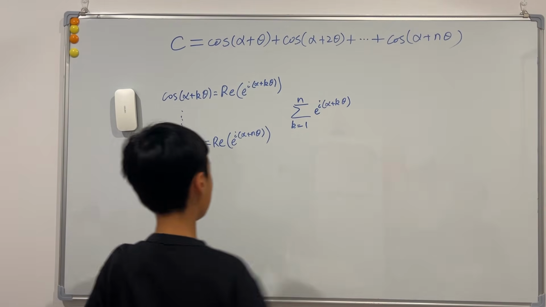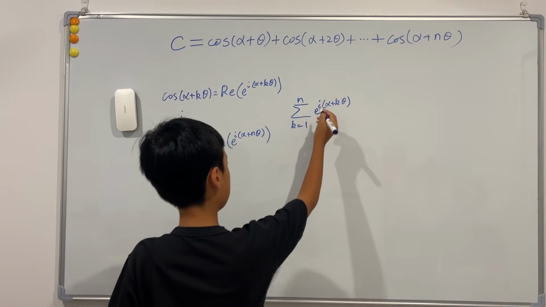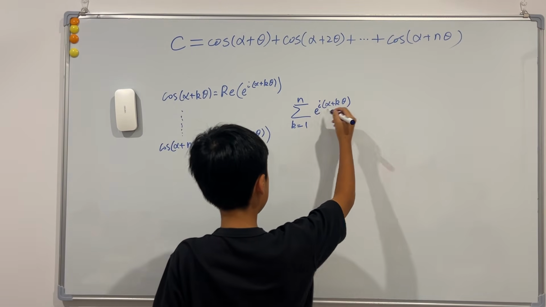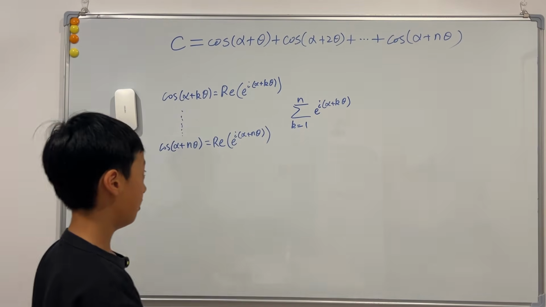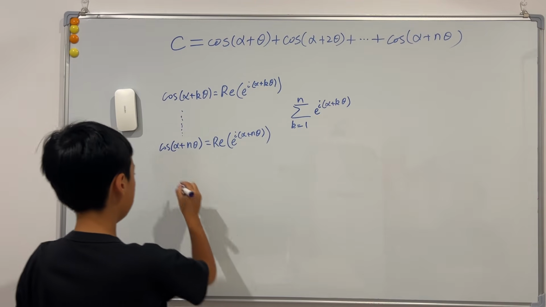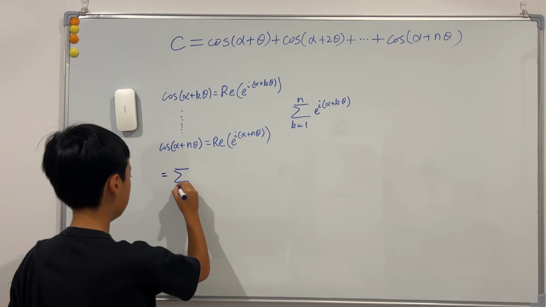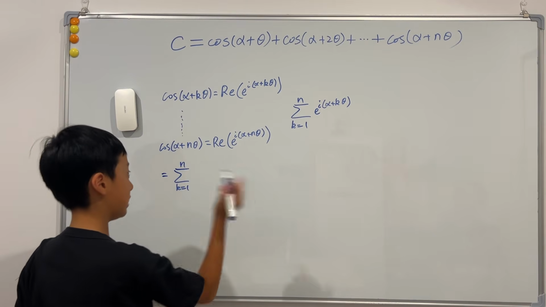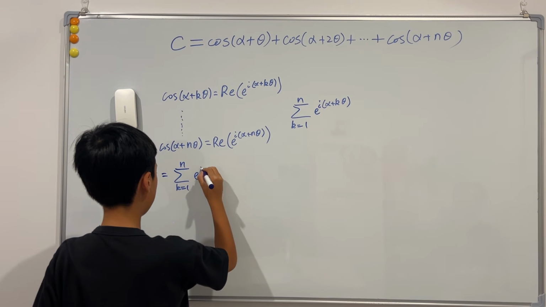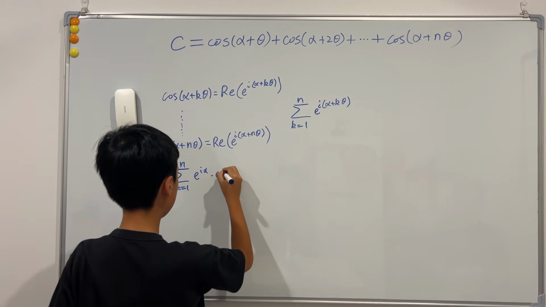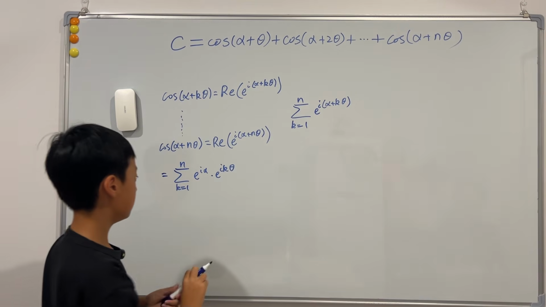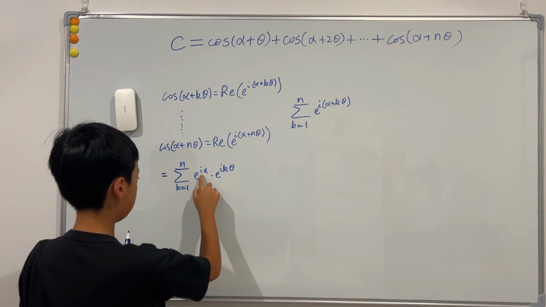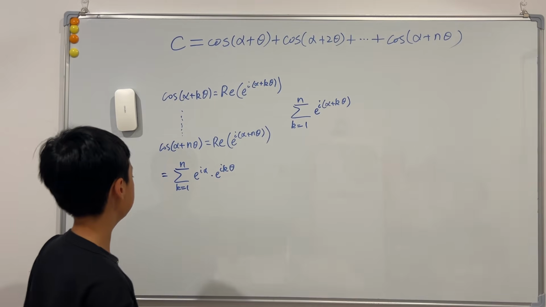So, firstly, I'm going to expand this so it becomes e to the i alpha plus i k theta. And then I will change it into e to the i alpha times e to the i k theta. Because in the end, it will just be e to the this plus that.